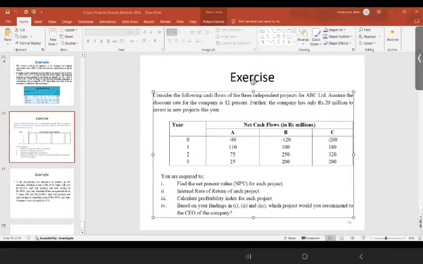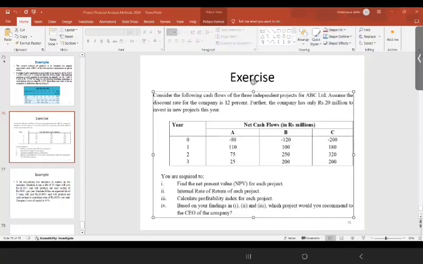So NPV is going to be, as you all know, we can use the direct method or we can even use the Excel functions to calculate that NPV. But for example purposes, we'll do it manually.